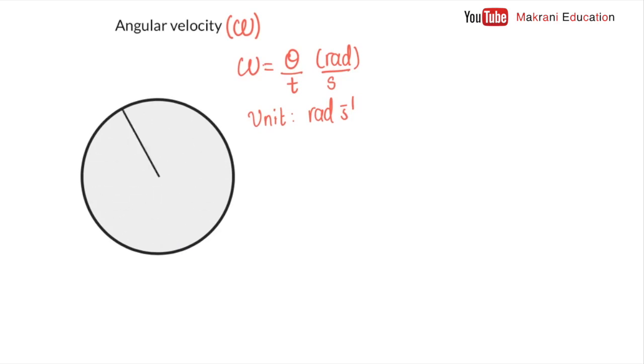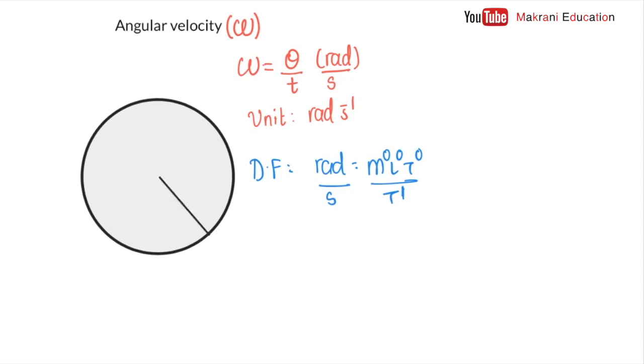Its dimensional formula: for radian it is dimensionless, M0 L0 T0, upon, for second, time T raised to 1. So our dimensional formula will be M0 L0 T raised to minus 1, and the unit is radian per second.